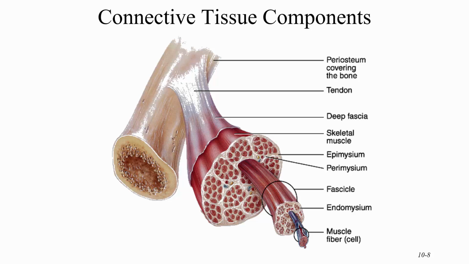Let's suppose we are going to make a model of this. And maybe I took those barbecue skewers, like the little bamboo skewer sticks. Maybe I'm going to use those as representing my muscle cells. Okay.